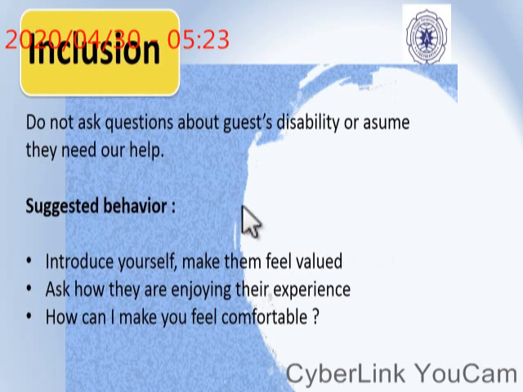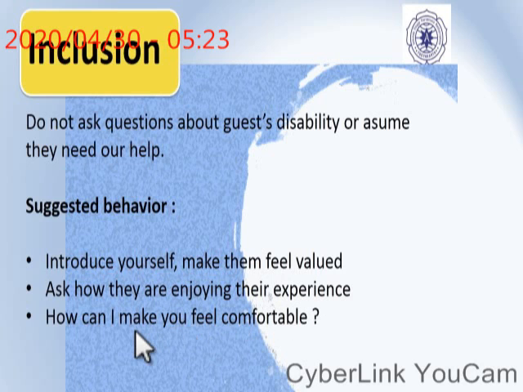And remember one thing: do not ask questions about guests' disability or assume they need our help, because first it's not polite, and second they don't feel comfortable when being asked about their disabilities. So what we should do, the suggested behavior, is introduce yourself, make them feel valued, ask how they are enjoying their experience.